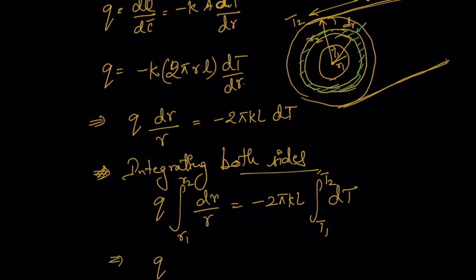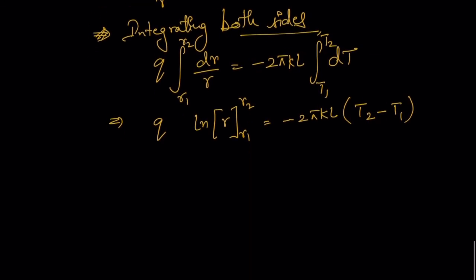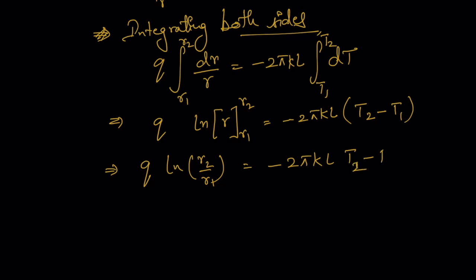So the integration of 1 by r is log, or ln, log base e, ln r from r1 to r2 equals minus 2 pi k l T2 minus T1.